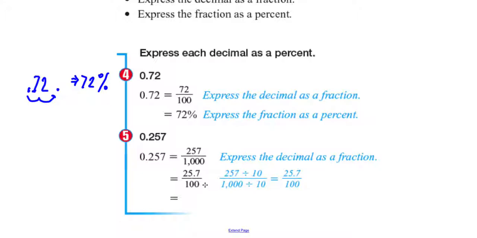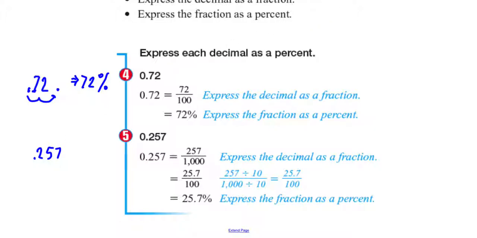Now we made our denominator 100, so 25.7 can simply be put into a percent. So 0.257 expressed as a percent is 25.7%. Going back to the shortcut, you have 0.257, and you want to make this into a percent.